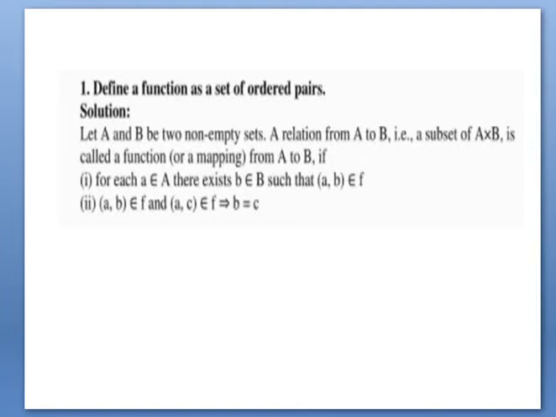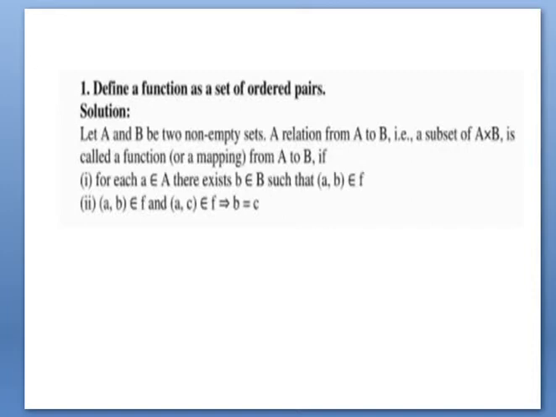So always remember that. The first point is, for each small a belongs to capital A, there exists small b which belongs to capital B, such that the ordered pair (a, b) belongs to F. That means that particular ordered pair belongs to that function or mapping F.